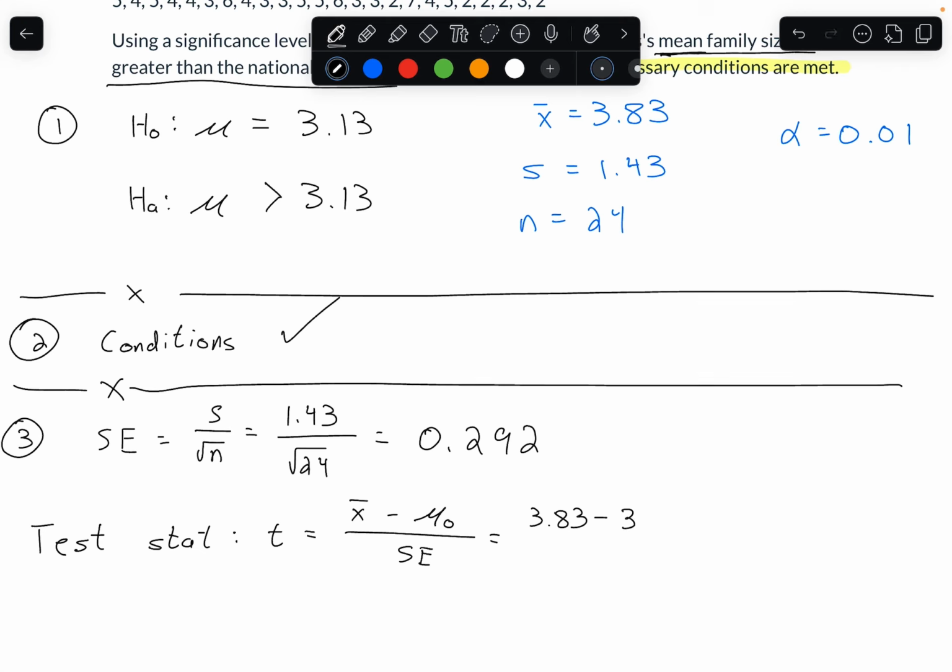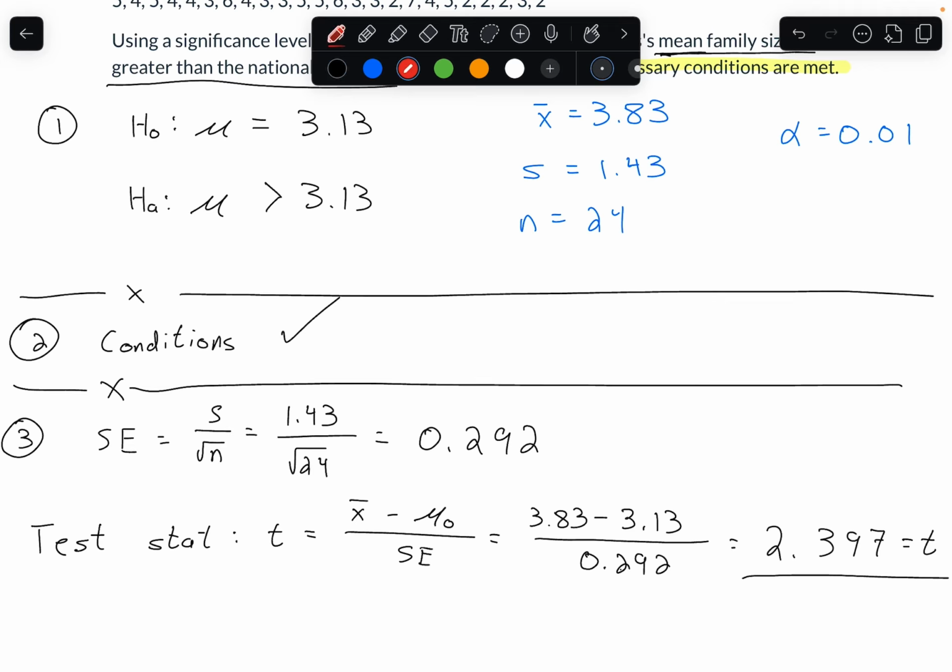So 3.83 minus 3.13 divided by the standard error we just calculated, 0.292, and this time I end up with 2.397 for my test statistic. So there's the first part of my calculation, my test statistic. I'm going to use that next to help me find my p-value.